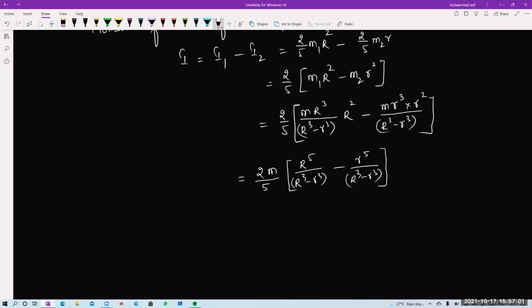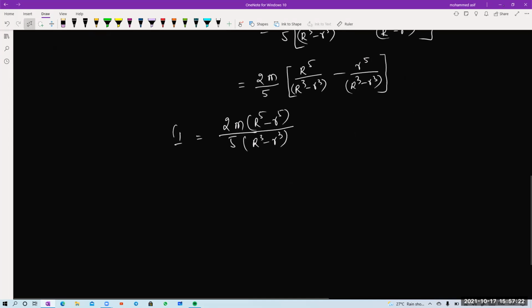So I can write I equals 2M divided by 5 into capital R to the power of 5 minus small r to the power of 5 divided by capital R cube minus small r cube. That will be the common term. Okay, so this will be the answer for this one.